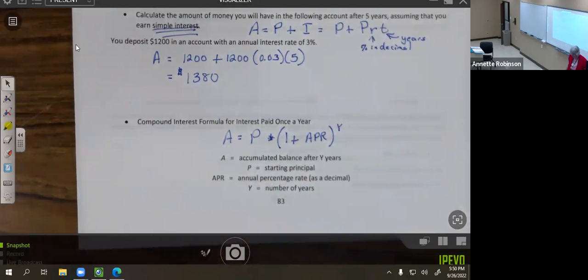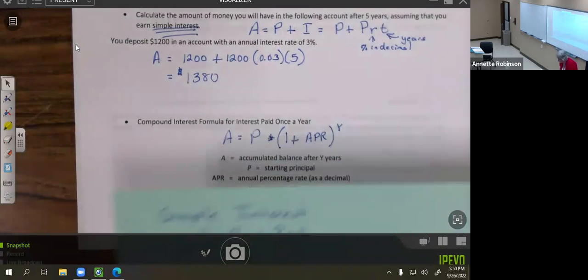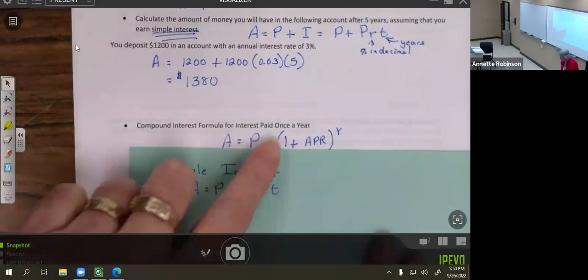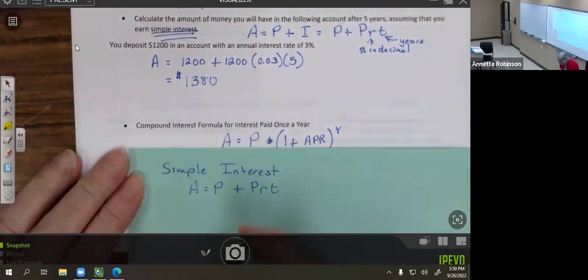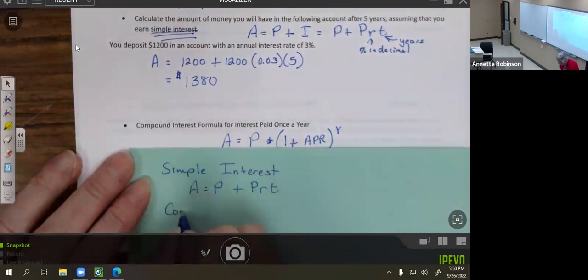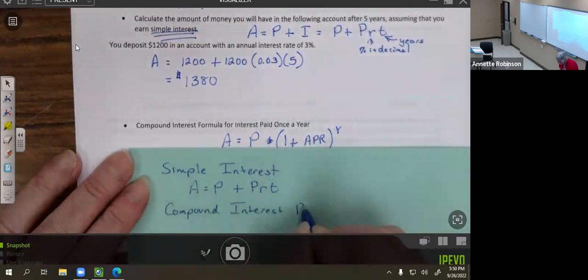Now, I would write that on my green sheet, and the way I would call it is compound interest paid once a year. Compound interest, because we're going to have different compound interest formulas. This one is compound interest paid once a year.